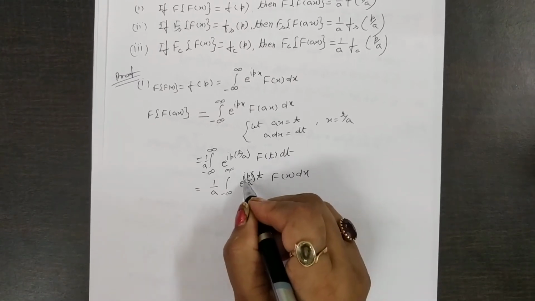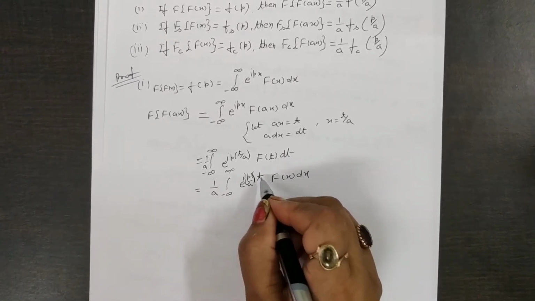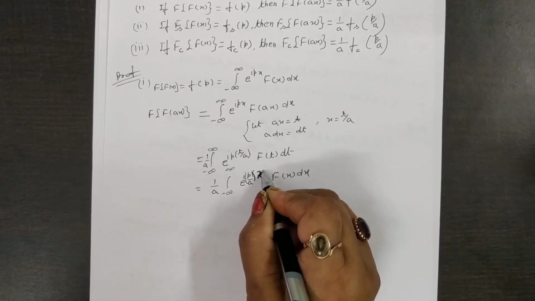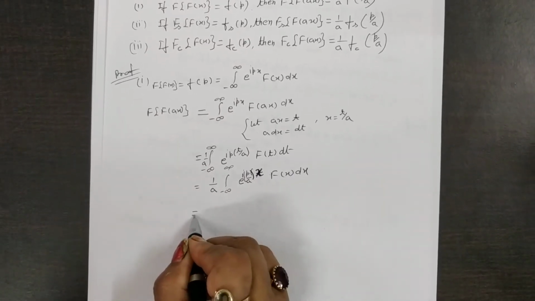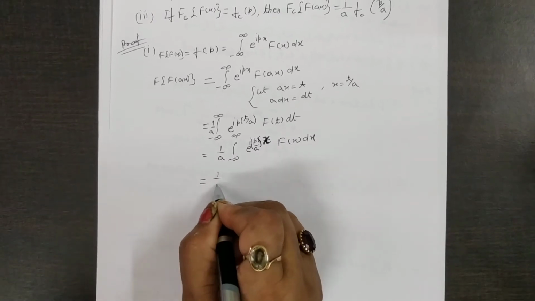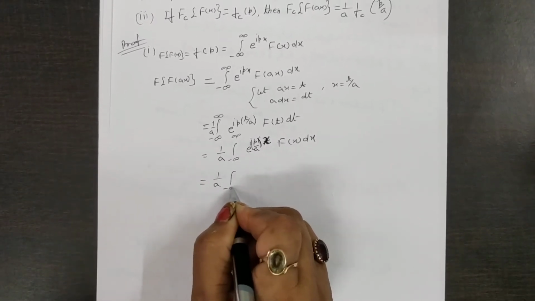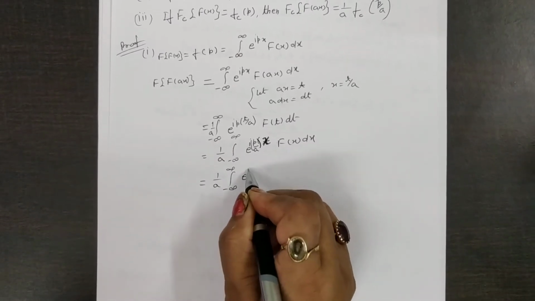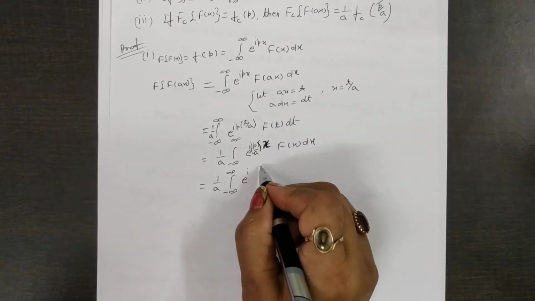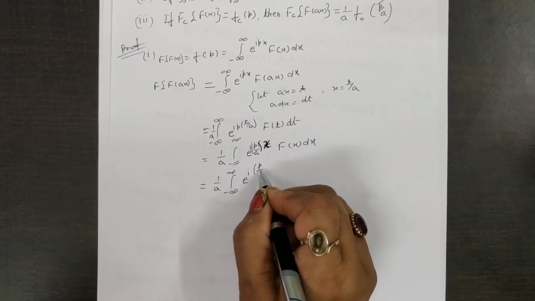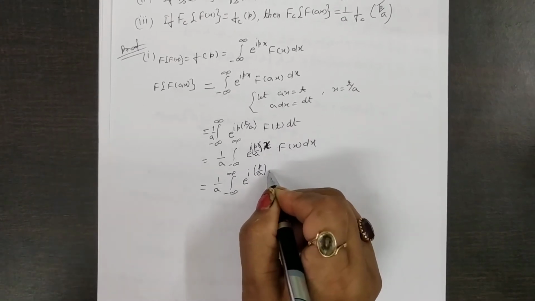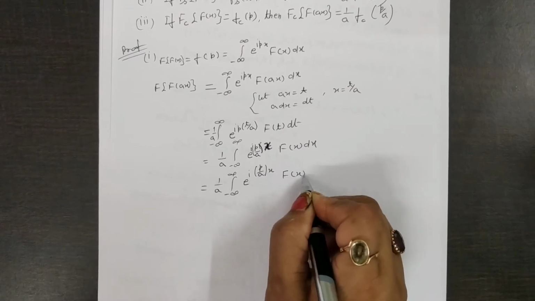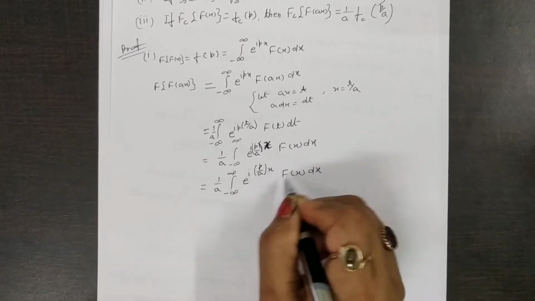So this is 1 by a times the integral from minus infinity to infinity of e to the power i p by a x f(x) dx.